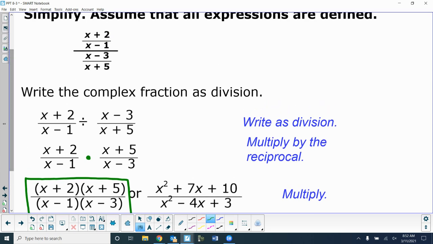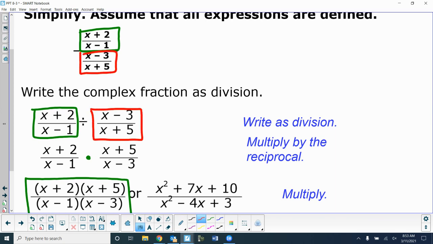So again, this fraction is this one. And then this one here is here. So they just rewrote it. They write it like this in the book, but you can think about it like this and then flip. And do what we did last week from section 8.2.